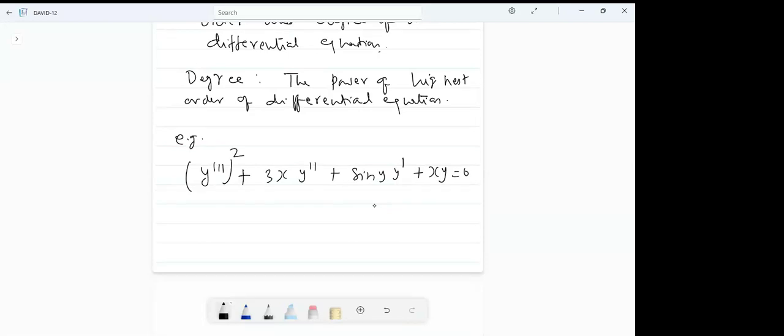See, differential coefficient can be written in any of the ways. Suppose we want to write the third order one, it can be written as d3y over dx cube or y triple dash. These are the various ways to write a differential coefficient.